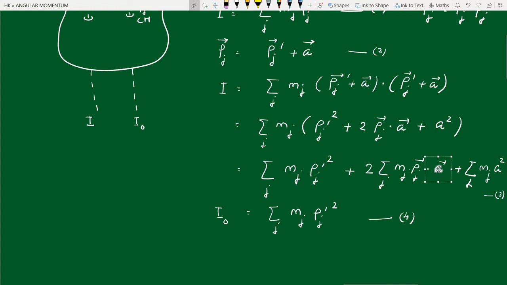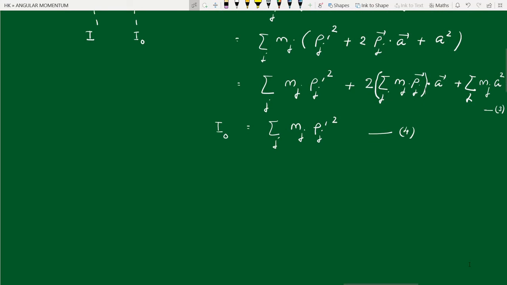It's a constant vector, so we can move it outside the summation symbol. We can rewrite this term simply as summation over j mj rho j dot vector a. Summation is applicable to this mj rho j.